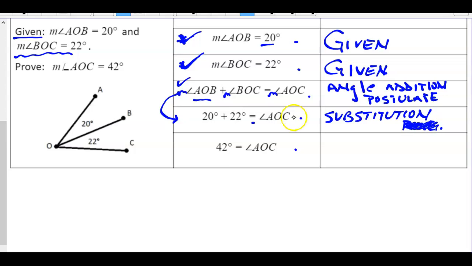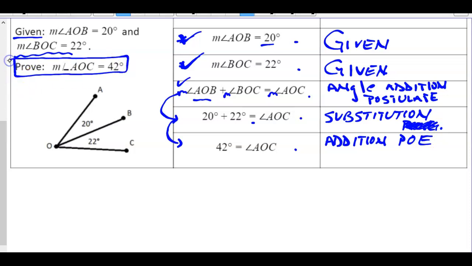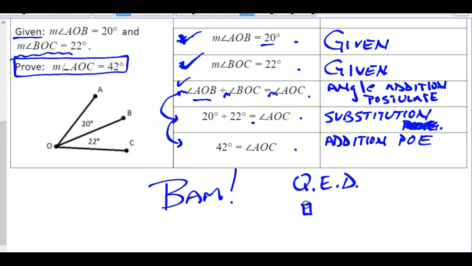And then this amazing thing happens, and the world wants to know, how in the world would you ever be able to say from here to here? That is called the addition property of equality. We are finished. We have arrived at where we're going. So we say to the world that we are finished. BAM's my favorite. QED if you want to get Latin on me, or the good old little teeny black box.